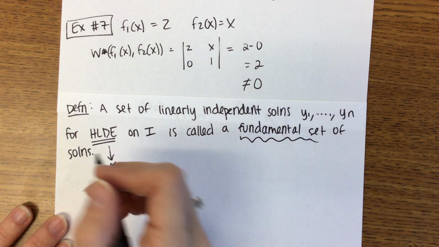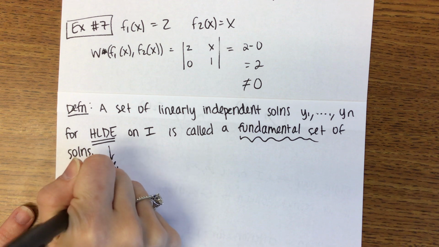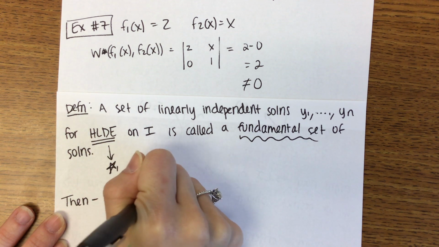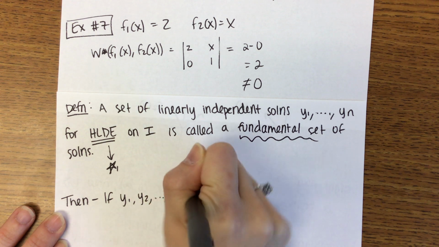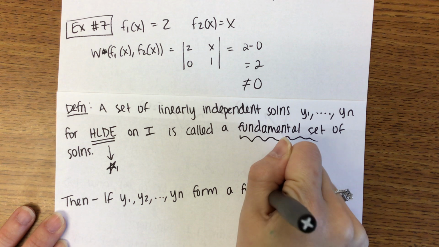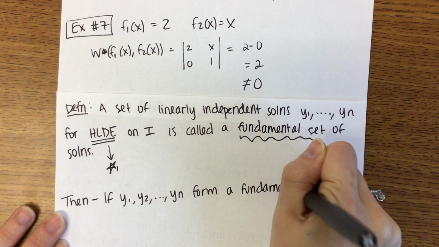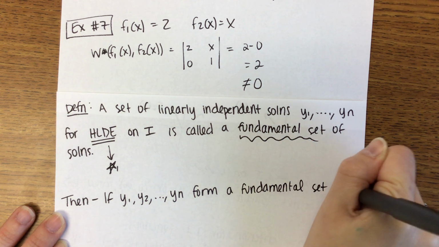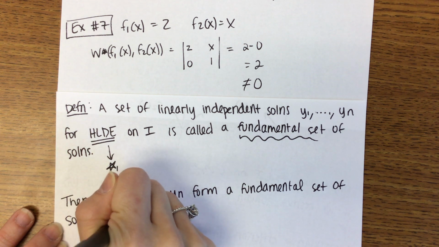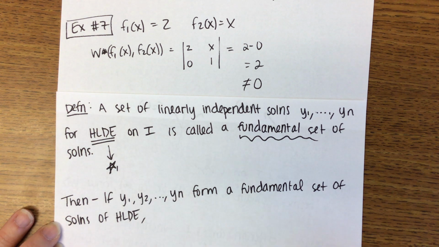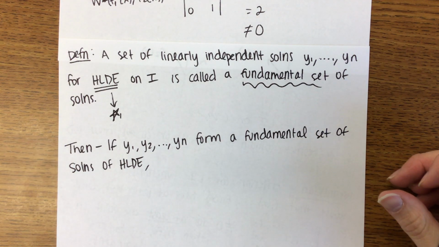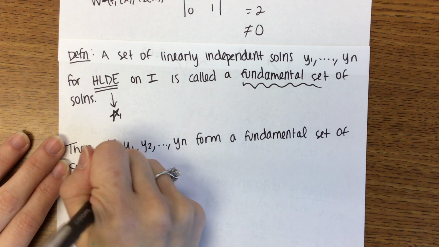Okay, here's why that's important. If you have this y1, y2, all the way up to yn, and they do form a fundamental set, by the superposition principle, we said we can make an even larger solution, y.